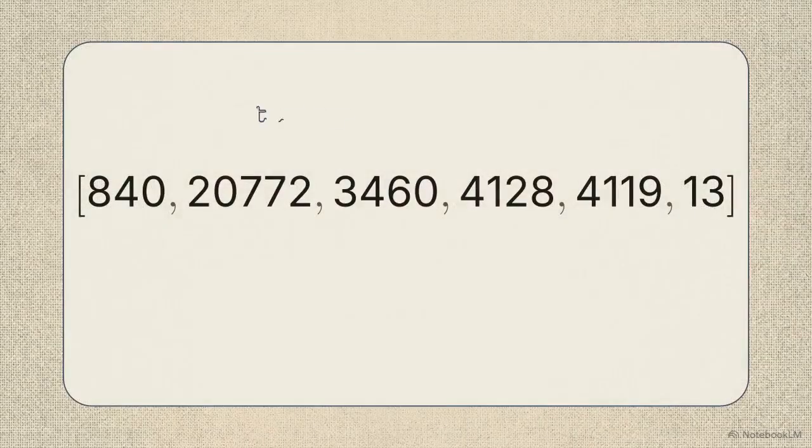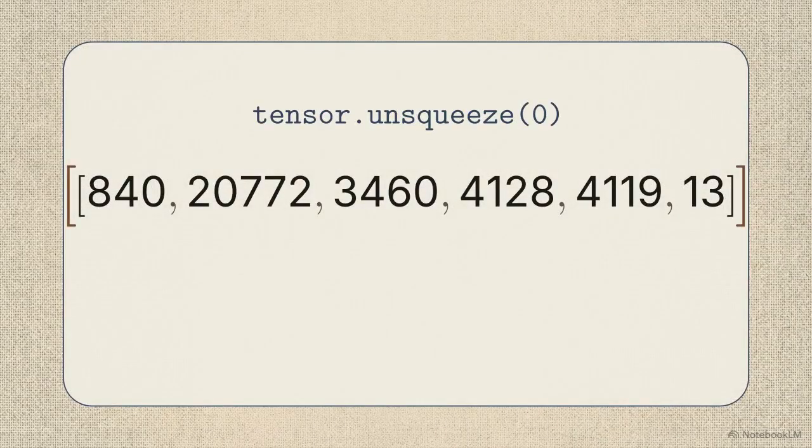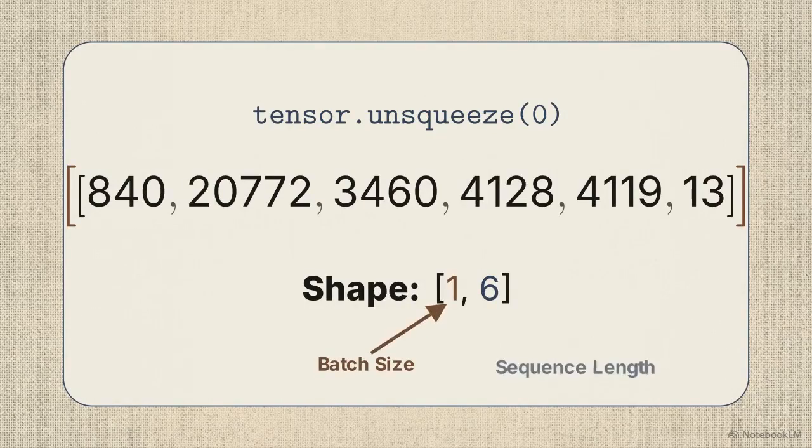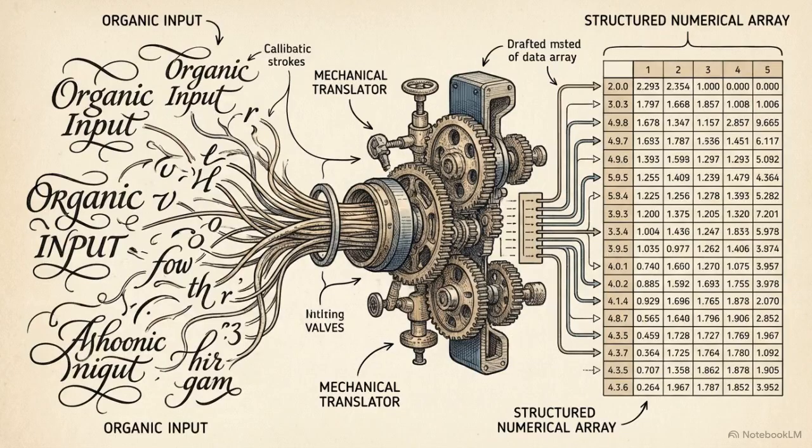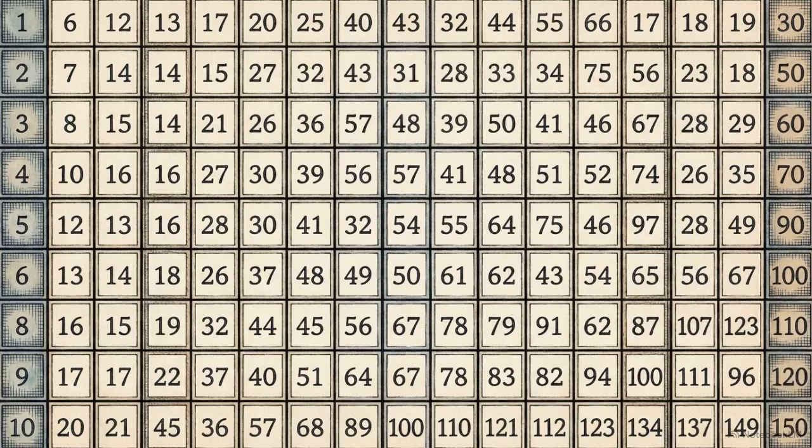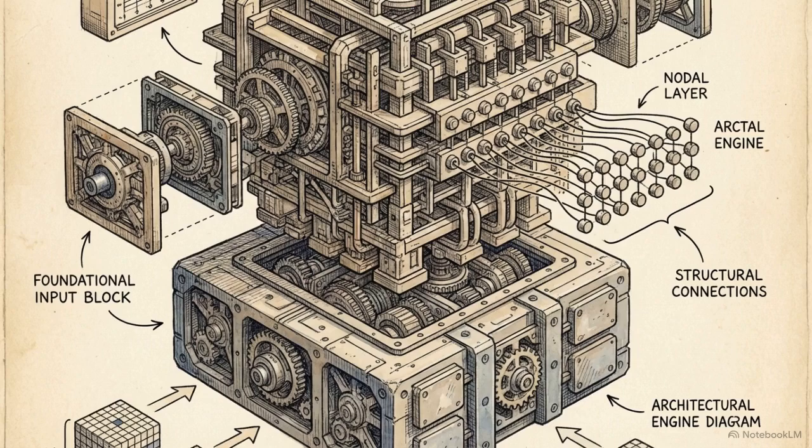This operation wraps the sequence in an extra dimension, converting our flat list into a 1x6 matrix. We now have exactly one batch containing 6 tokens. Through tokenization and batching, the messy human language has been successfully converted into the precise geometric shape the neural network requires to begin computation. With the data accurately formatted, the 1x6 tensor enters the base neural network.